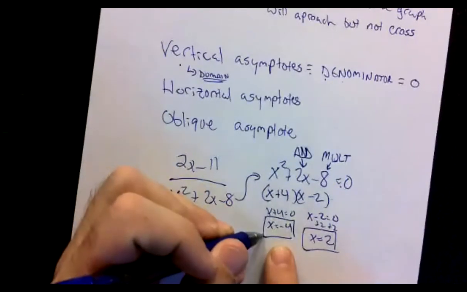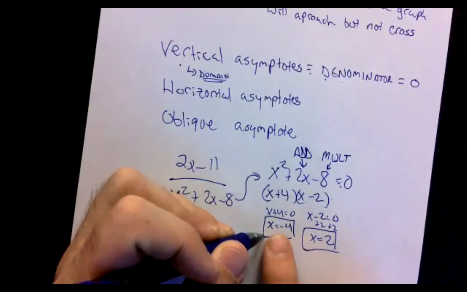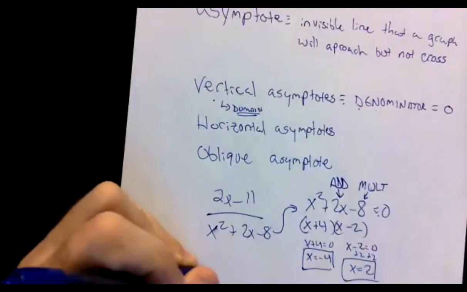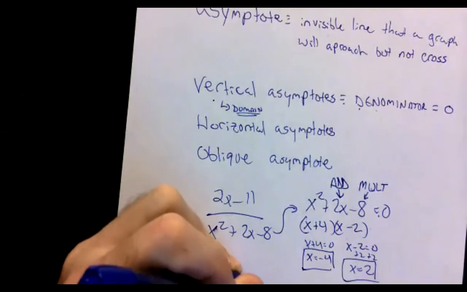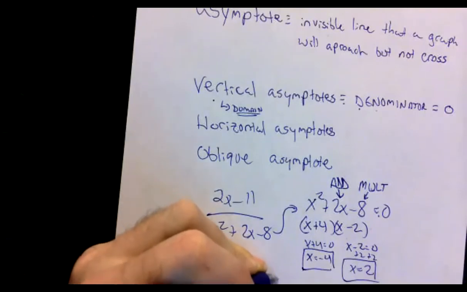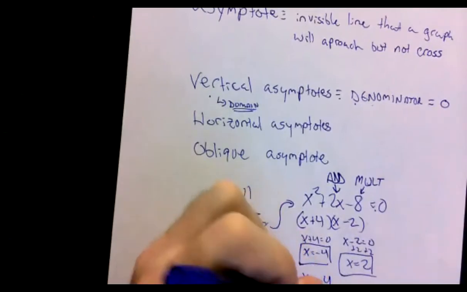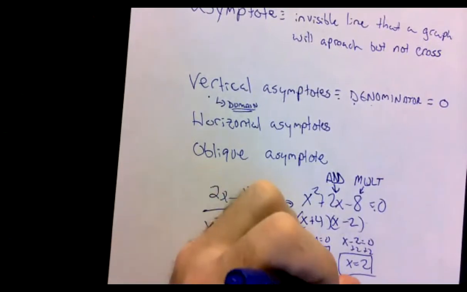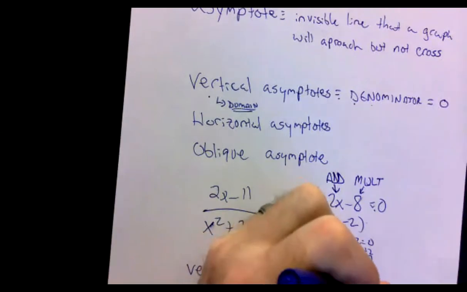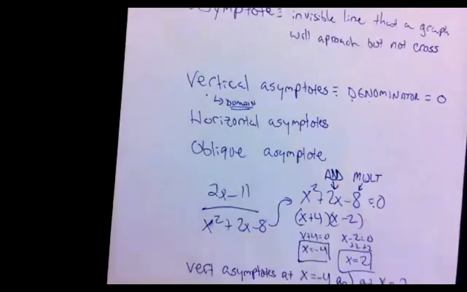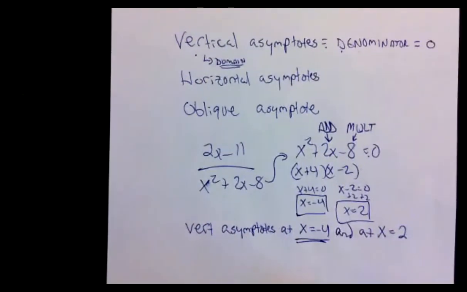And this is literally the equations we would use for those vertical asymptotes. So you have vertical asymptotes at x equals -4 and at x equals 2.